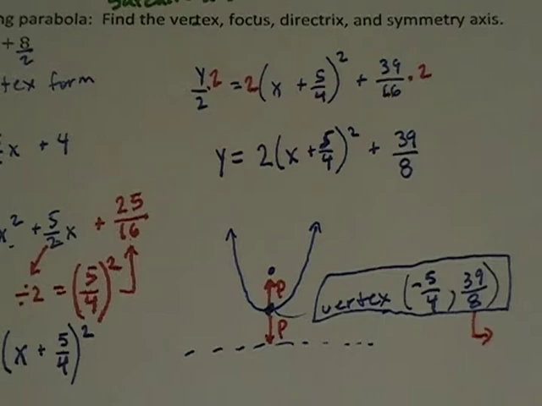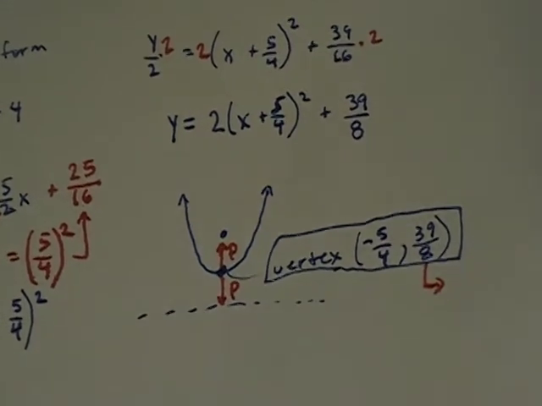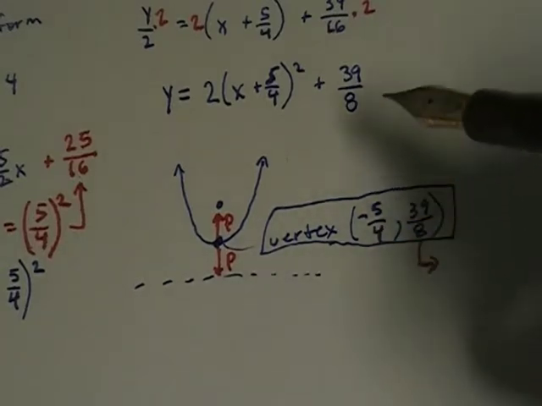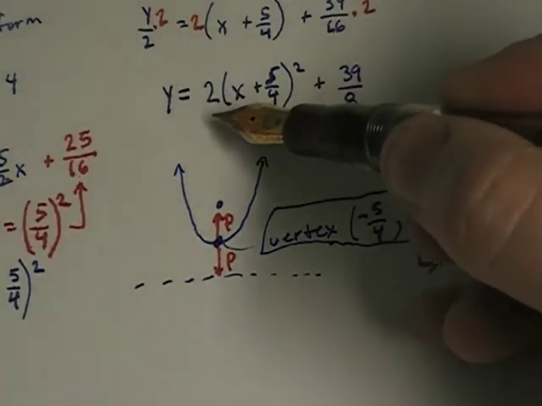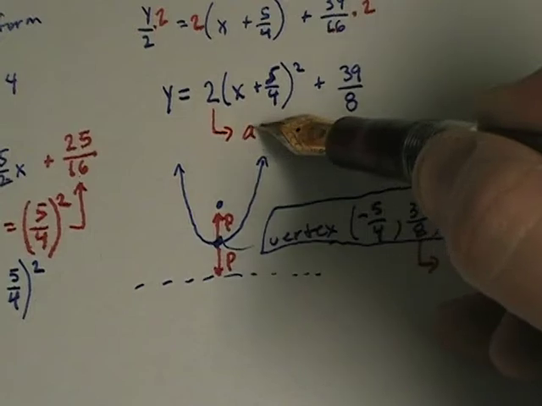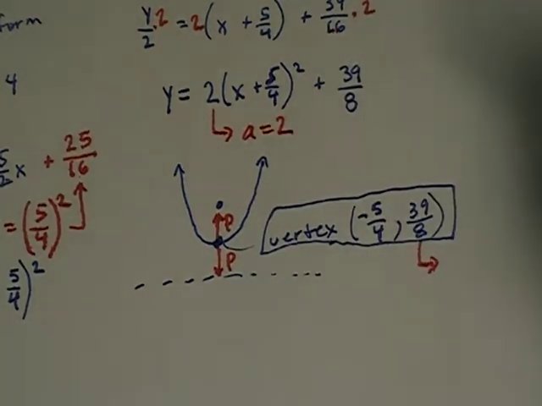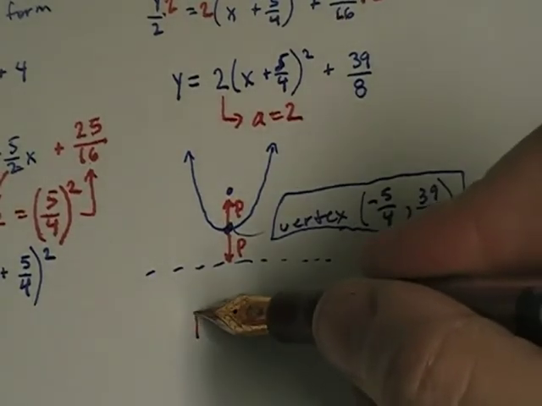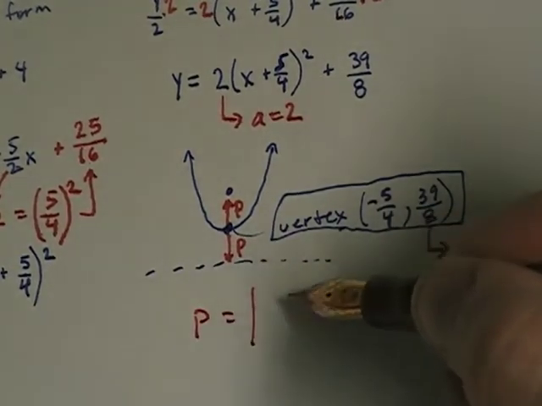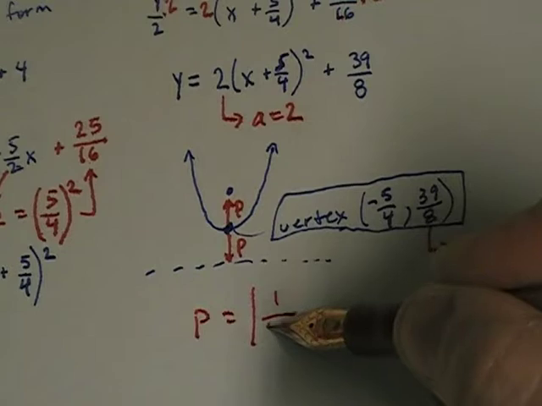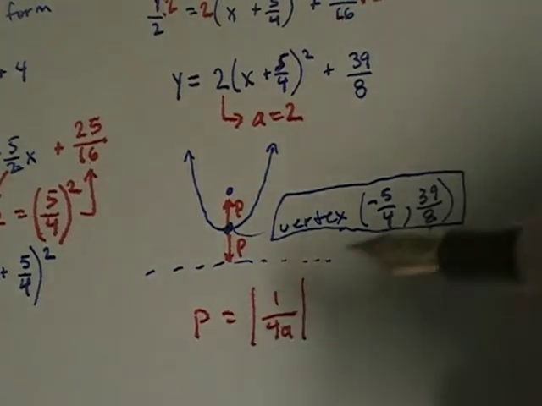So I've got to find p. Come back up here to our equation. a equals 2. Well, p is equal to 1 over 4a, absolute value.